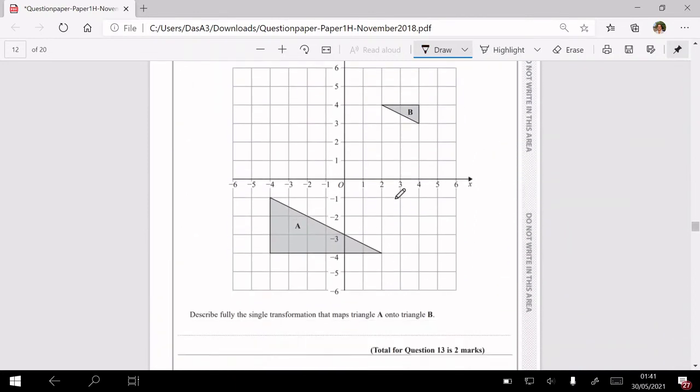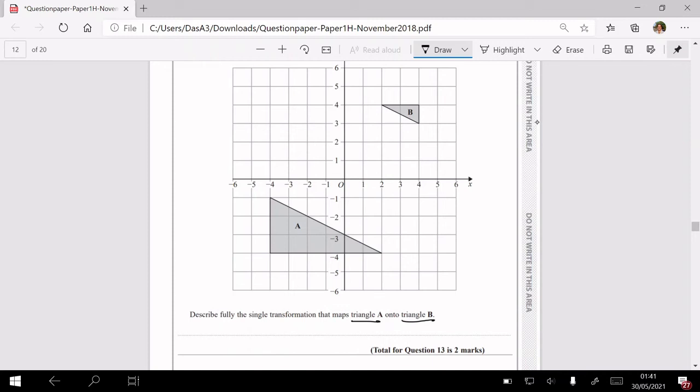So here you're trying to figure out the single transformation. So what I would suggest here is you're trying to figure out the transformation from triangle A to triangle B. So A to B. Whenever there's an enlargement, there are two things you need to figure out: the factor and the center of enlargement.